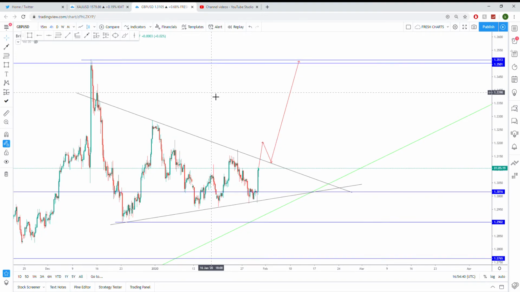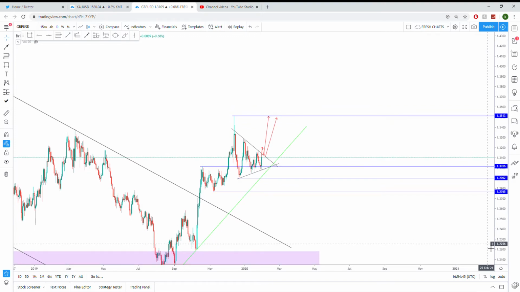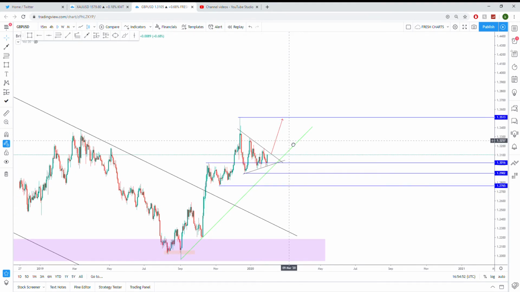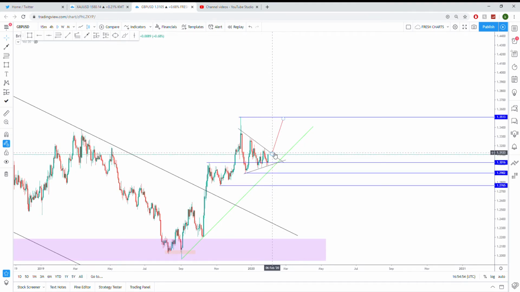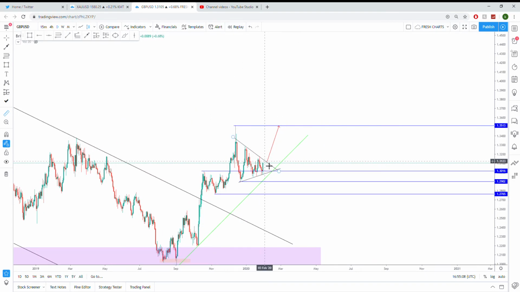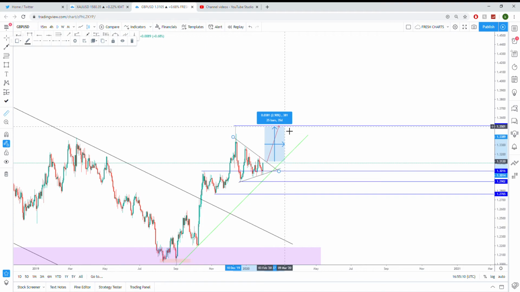So I'm looking at 1.3513. Regardless of your own strategy and how you take the market on and how you look at GBP/USD, if it does break out at this point and we are bullish, you've got all this point to get into this move, because once it goes past this level here, we could be expecting even more higher highs, and eventually a retest.